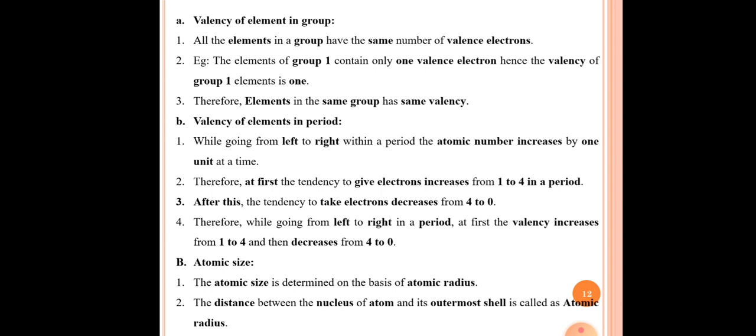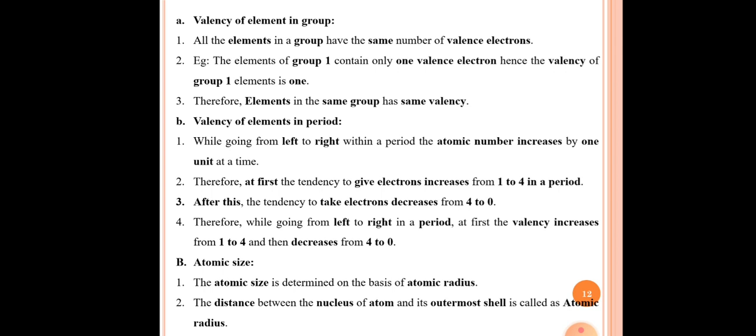So while going from left to right in a period, at first the valency increases from 1 to 4 and then decreases from 4 to 0. The first property, valency, is completed here.